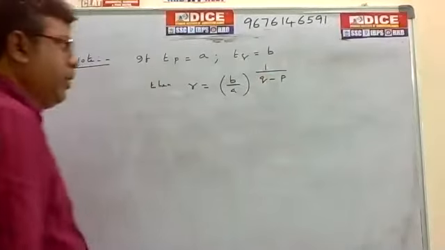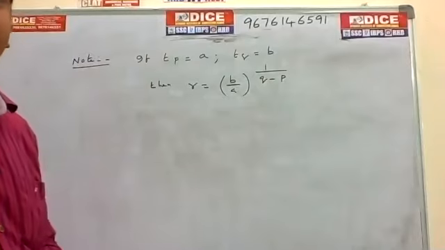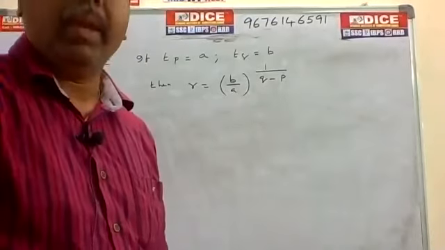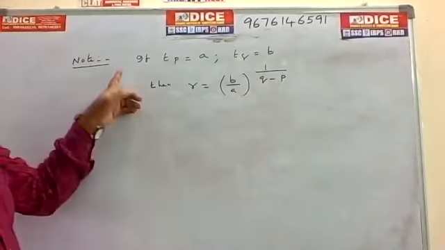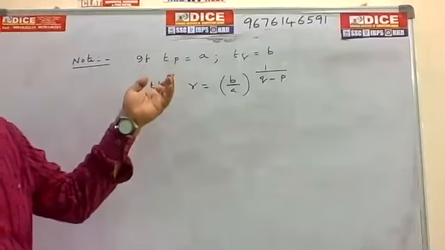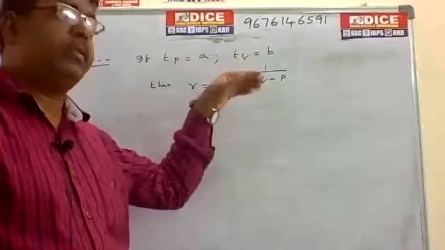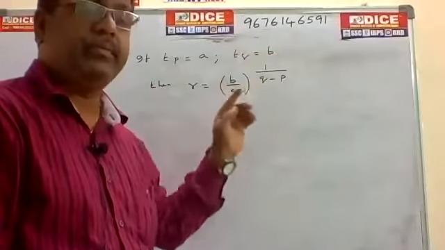This is the formula for R. Write down this formula, it is useful for us. The formula is, if TP is some term, 6th term or 8th term, is equal to A, and some other term TQ is equal to B, how to find out R.